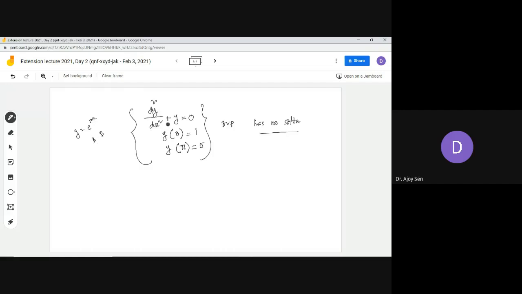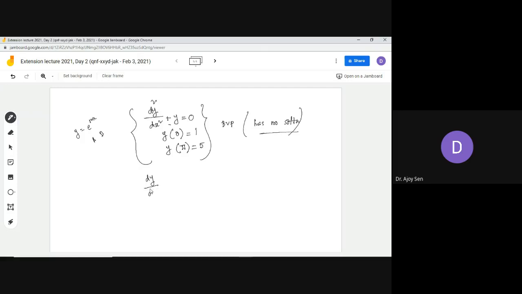These two constants should also satisfy these two equations: y of 0 equals 1 and y of 5 equals 5. If from these two relations you try to solve for a and b, you will get nothing. So there is no solution.